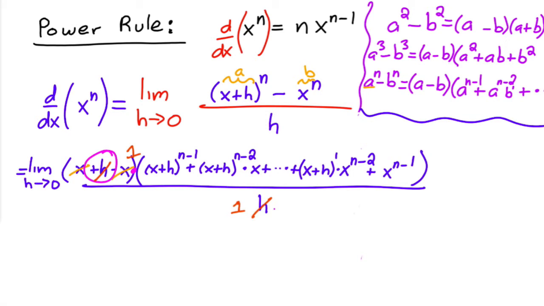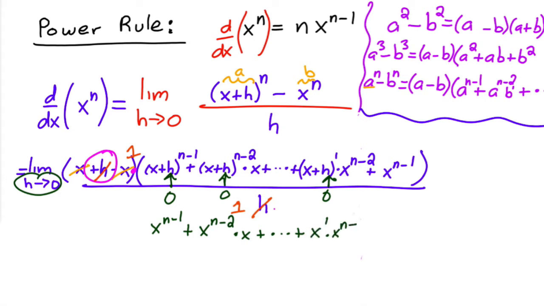And then notice what's happening: as h goes to 0, this is equal to x to the n minus 1 plus x to the n minus 2 times x plus dot dot dot plus x to the 1 times x to the n minus 2 plus x to the n minus 1.